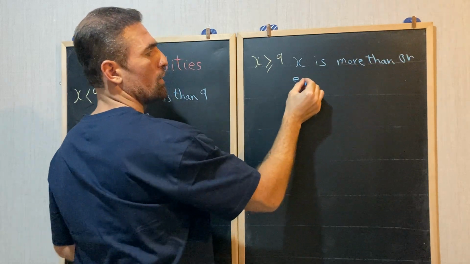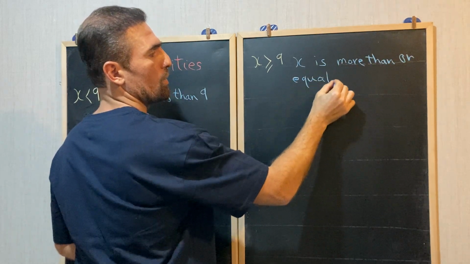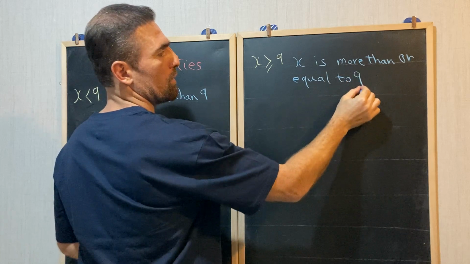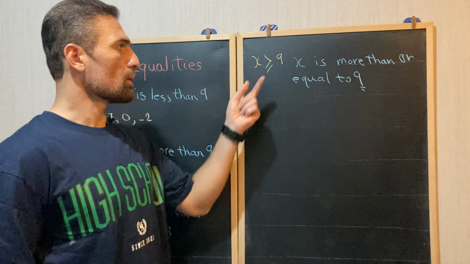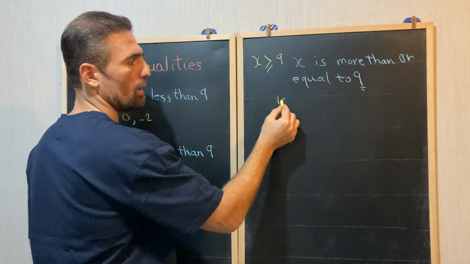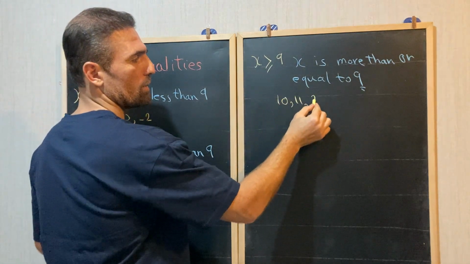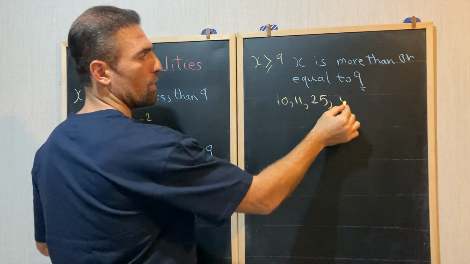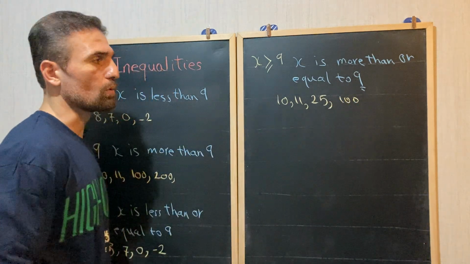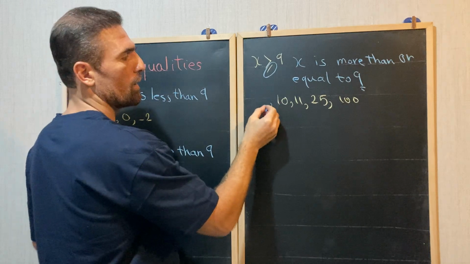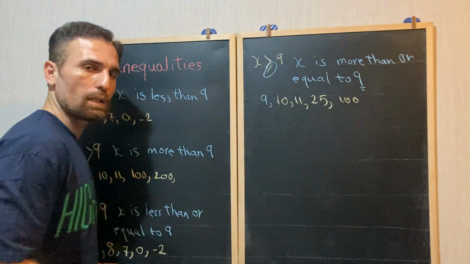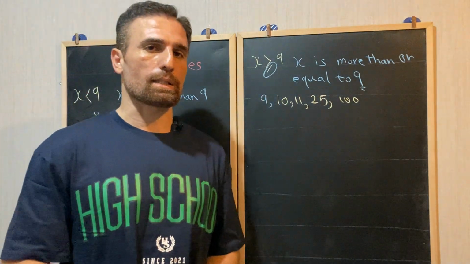Or any numbers that are greater than 9, like 10, 11, 25, 100. But do not forget, because of equal, 9 itself is the solution of this inequality.